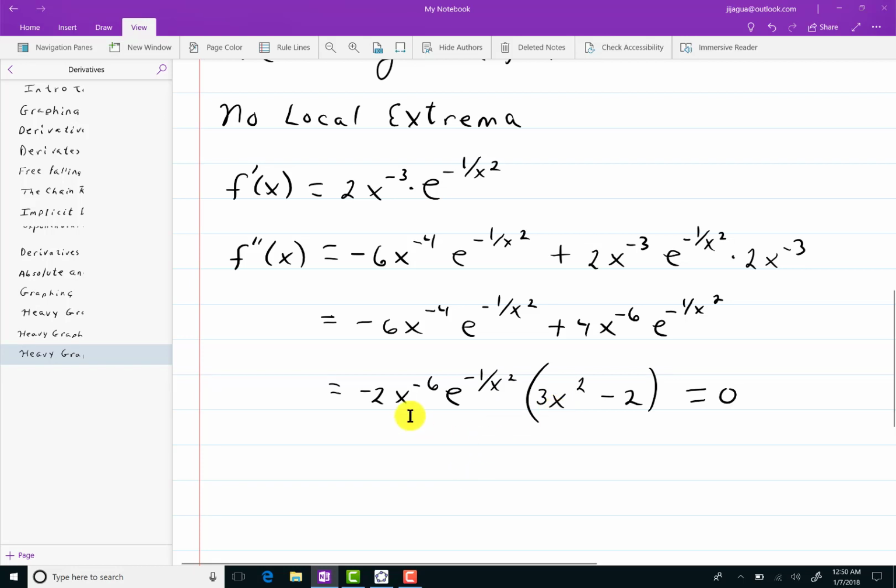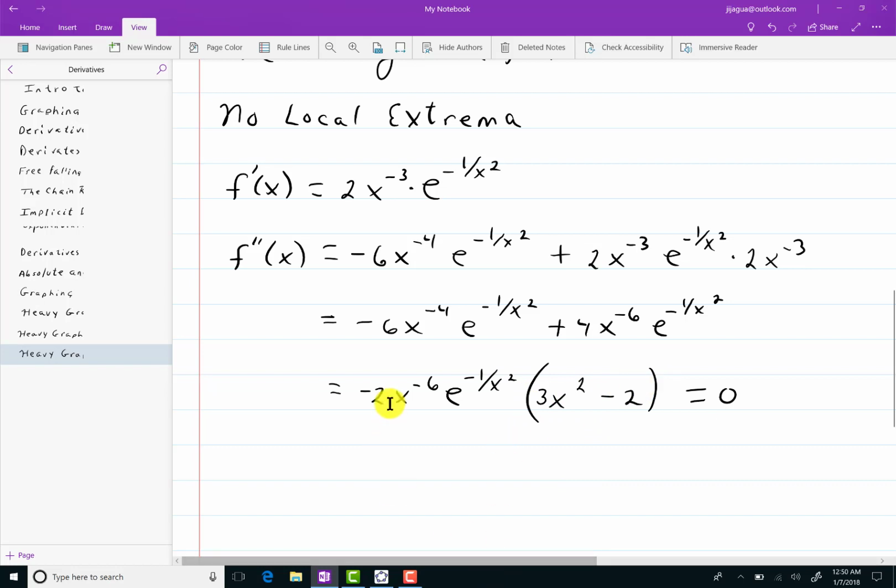Now, as I've mentioned, there is a critical number when x is equal to 0. This is not defined when x is equal to 0. If I multiply through by it, this part here is not going to give me 0. So I'm not going to get a 0 from the 2x to the negative 6. I'm not going to get a 0 from e to the negative 1 over x squared. The only place I'm going to get a 0 is from 3x squared minus 2.